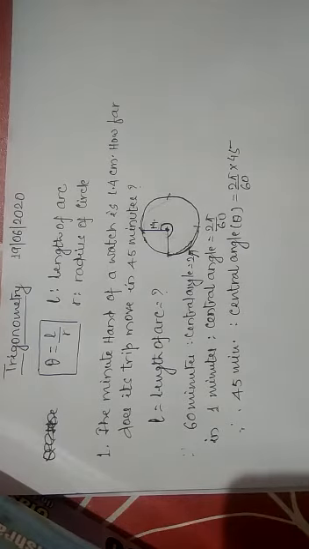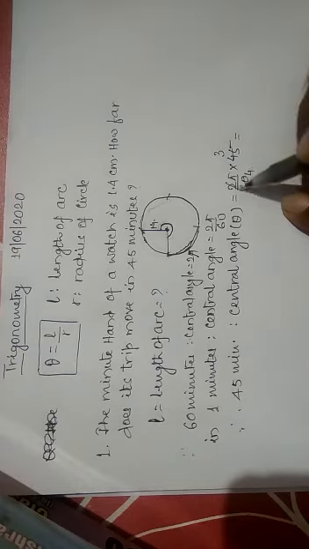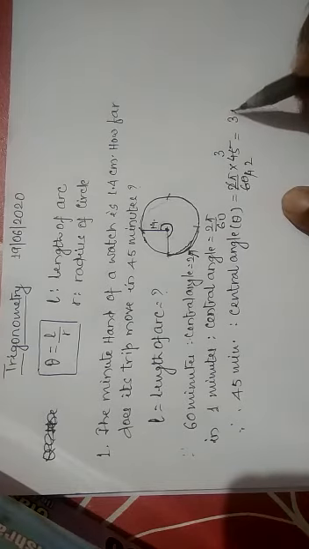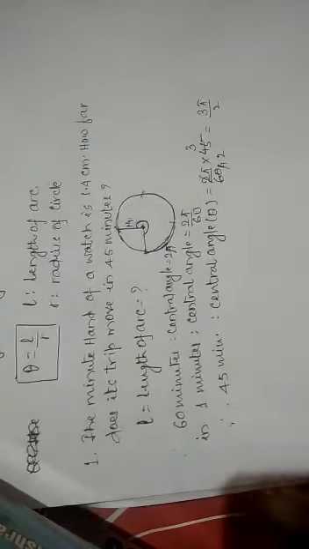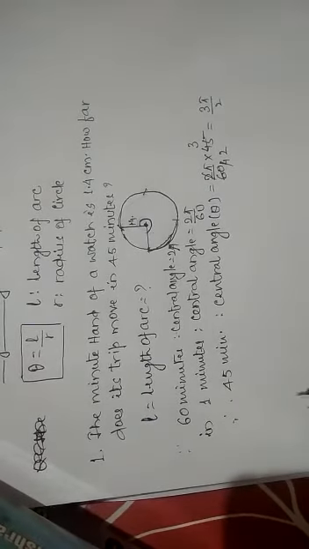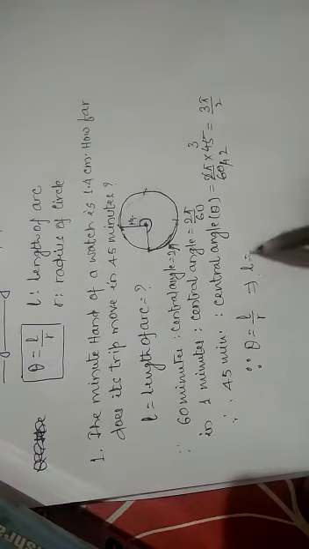Cancel it by 15. 15 fours are 60, 3, and this becomes 2. So 3 pi by 2. Now apply the formula. We know theta is equal to L by R, you have to find L. So L is equal to R into theta, R is given 1.4 centimeter and theta is equal to 3 pi by 2.